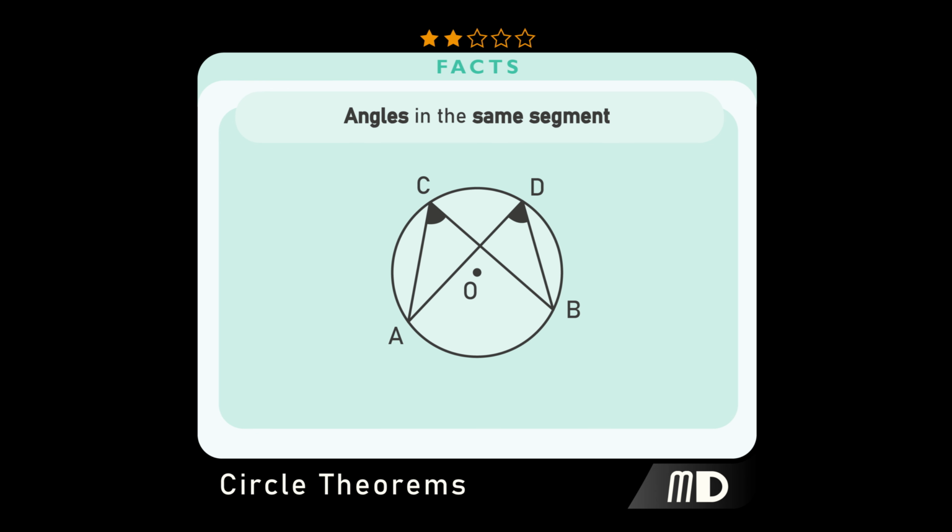A segment divides the circle into 2 parts. The larger is the major segment and the smaller is the minor segment. And a subtended angle is an angle formed by 2 lines that intersect at a point on the circumference of the circle.